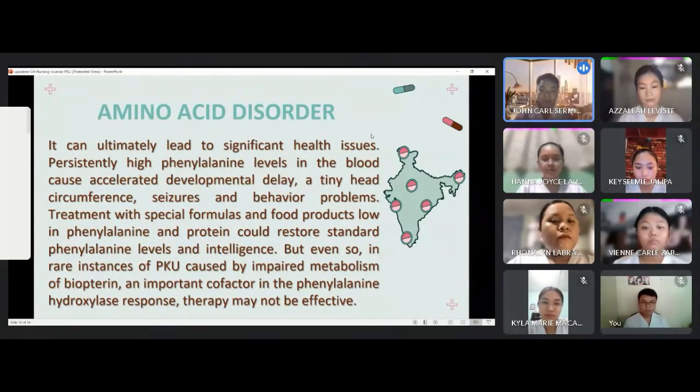However, treatment may be ineffective in a small percentage of PKU cases when the phenylalanine hydroxylase cofactor, biopterin, metabolism is compromised. So that's all for the amino acid disorder, and I will call the other reporter.